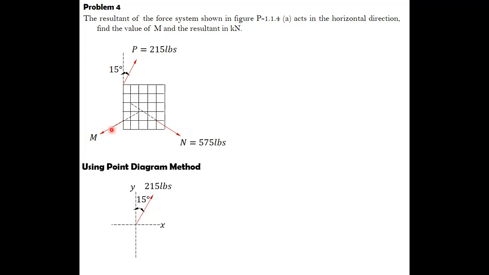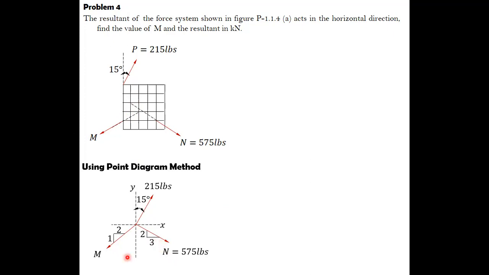Next is M. Since its direction is southwest, it must be placed on the third quadrant, and the direction is referred to the interval created by its line of action, so that is 1 vertical to 2 horizontal. And the next is force N. The magnitude is 575 and the direction is again in terms of slope, which is 2 vertical to 3 horizontal.